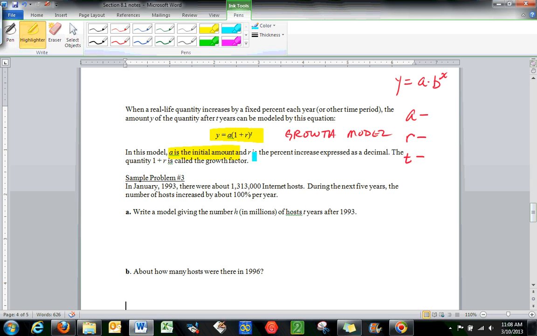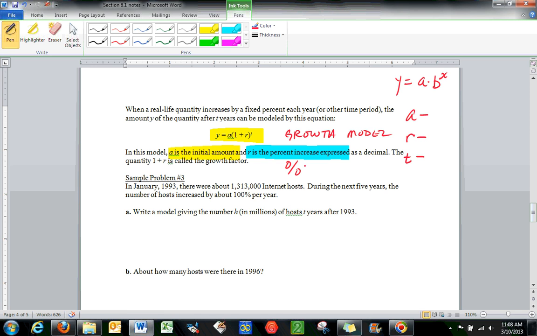And so you can see here that the R is the actual percentage rate, and of course with any percentage rate, if you're going to use that percent in an actual equation, you actually have to move the decimal place back 2 spots so that it then is created as a decimal and can be used appropriately in the growth model. And then lastly, we have T.